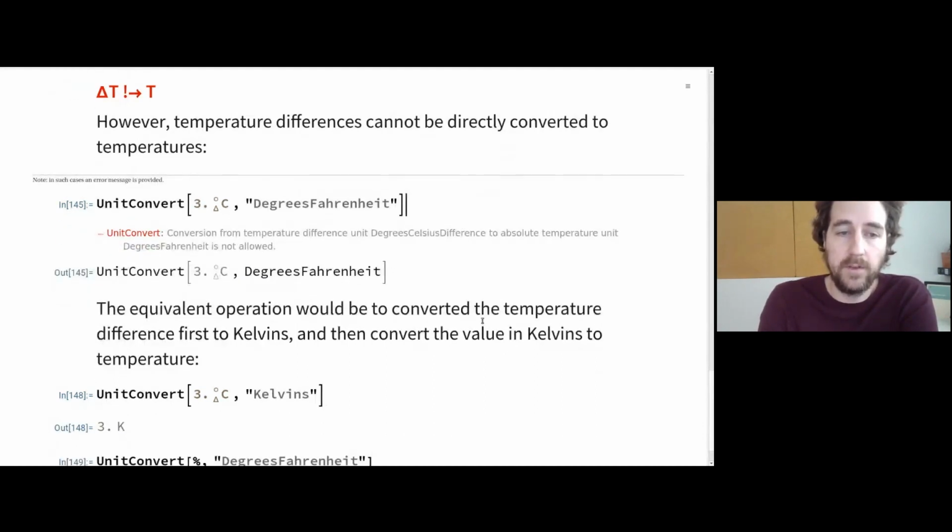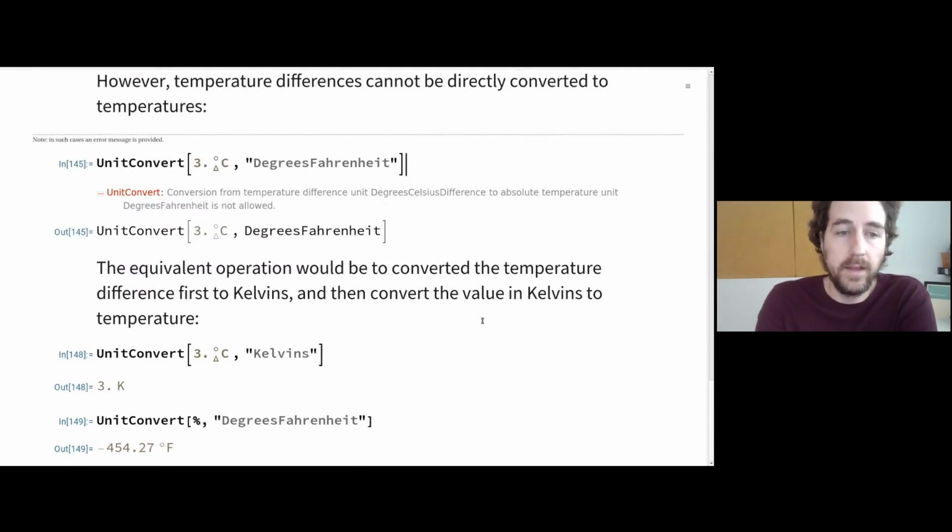If for some reason you imperatively need to do that, the operation is effectively converting that temperature difference into kelvins, which has a meaningful representation versus absolute zero, and then you can convert that to degrees Fahrenheit if you need to. And Kelvin is our common temperature across both absolute and difference units because it is fundamentally the same on both physical measures.